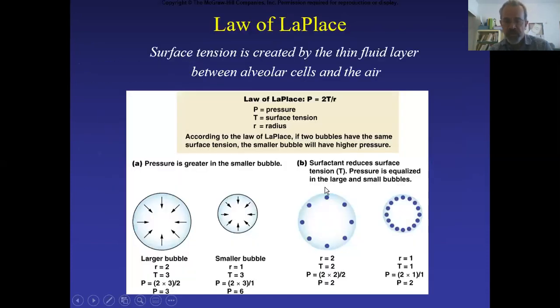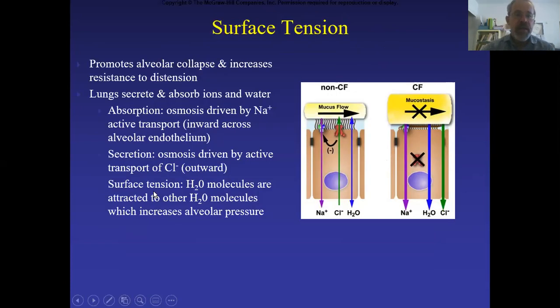All right. So this brings to mind another law, which looks at the relationship between surface tension and pressure. When we have a lot of surface tension, we have a greater amount of pressure, like it says here. Increased surface tension with water molecules attracted to one another increases alveolar pressure.